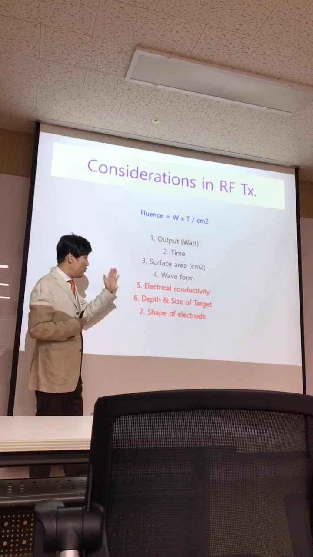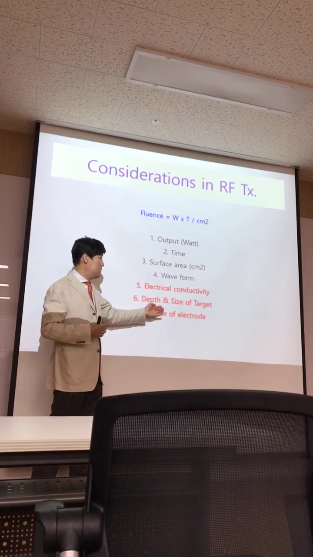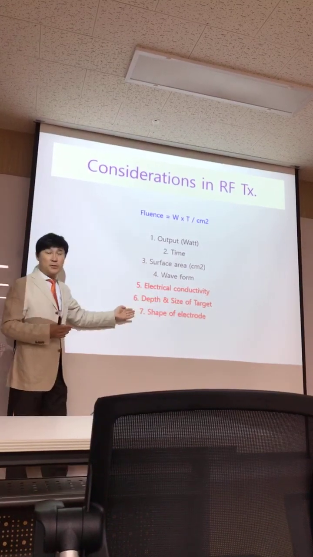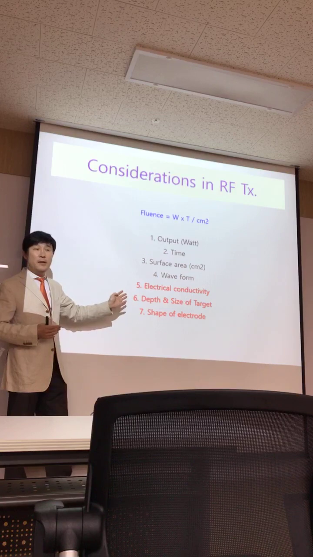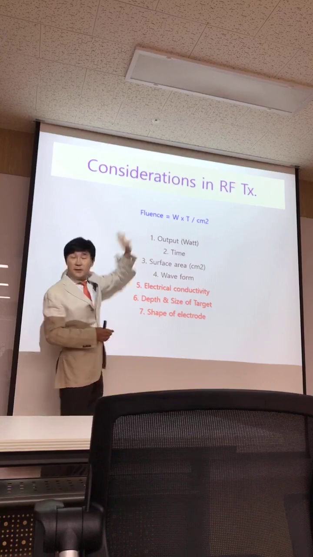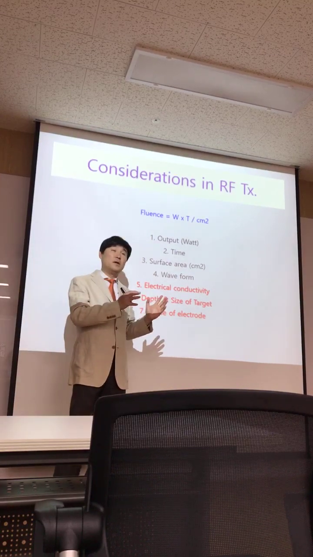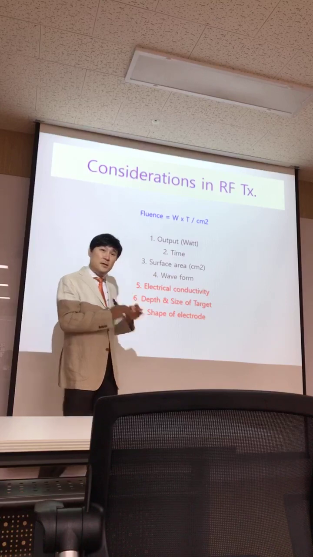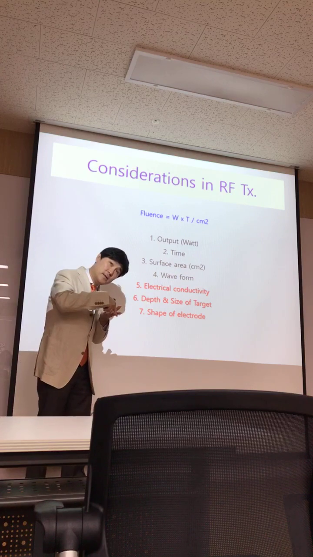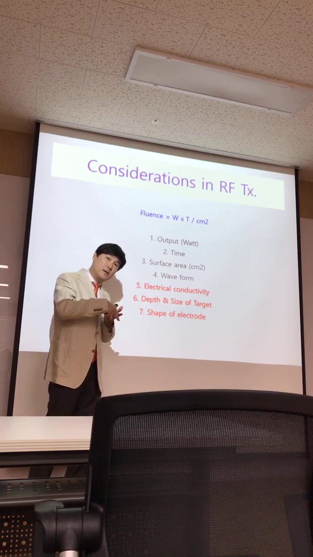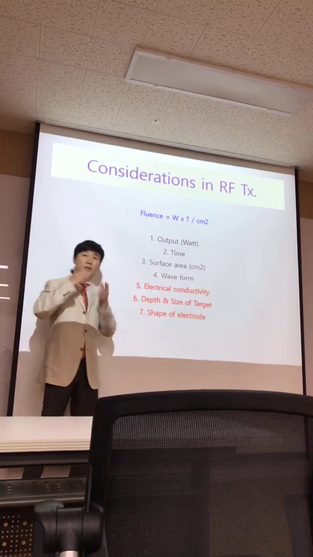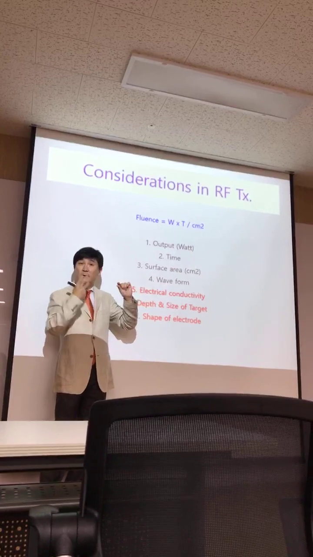And one more thing is the depth and size of the target. This is a very important thing, and this is why I made the micro-insulated needle RF. Before Agnes, every RF device didn't control the depth or level of the treatment, but the skin thickness is very thin, less than 3 millimeters.